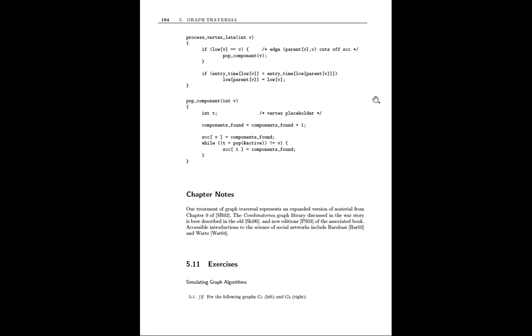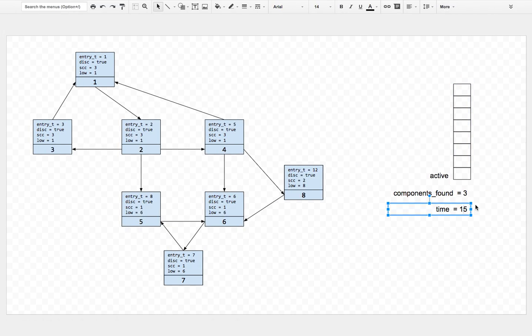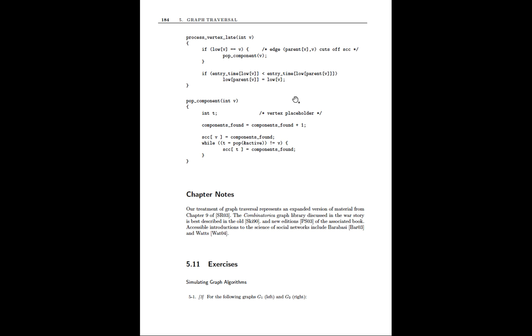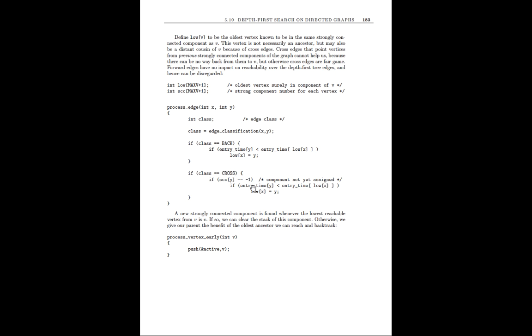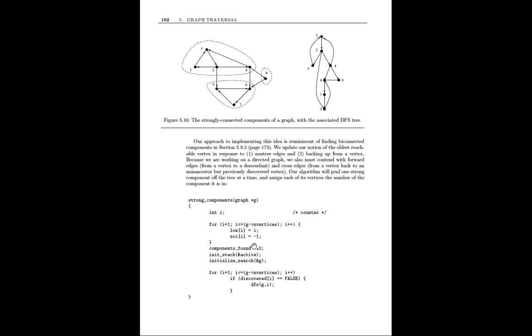In any case, we can't evaluate this condition. We do nothing with it, and we have processed 1. We increment the time marker as we depart from vertex 1. We have now conducted our full depth first search. And because, again, we had a fully connected graph here, we don't really need to be concerned about this for loop, and our strong components algorithm is complete.